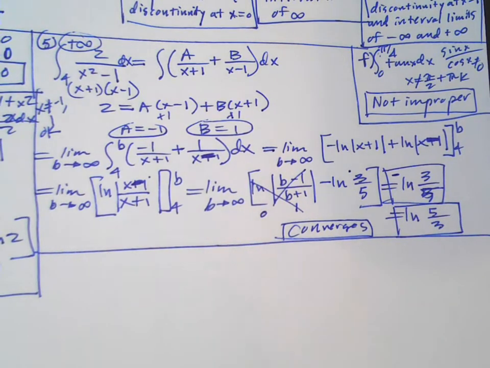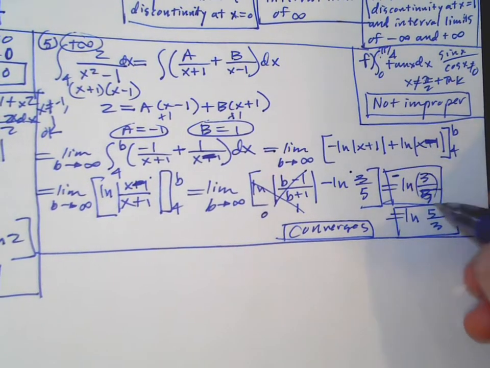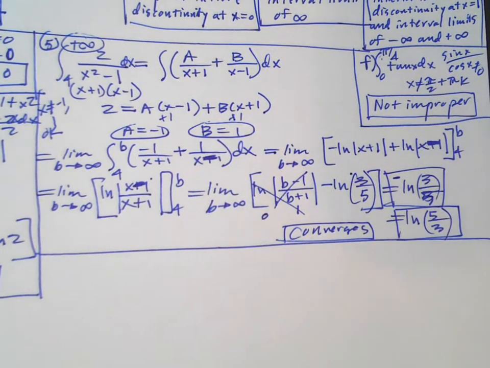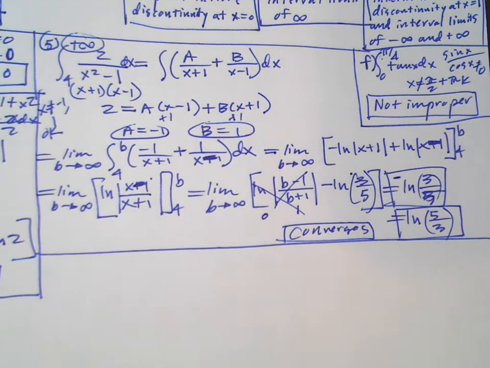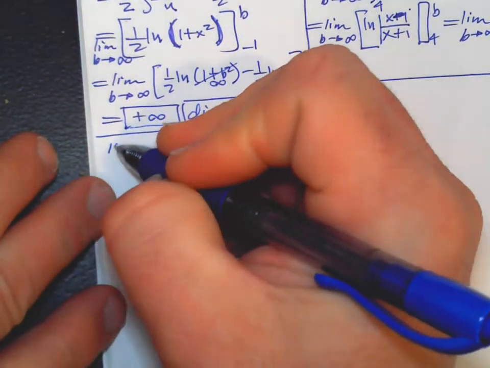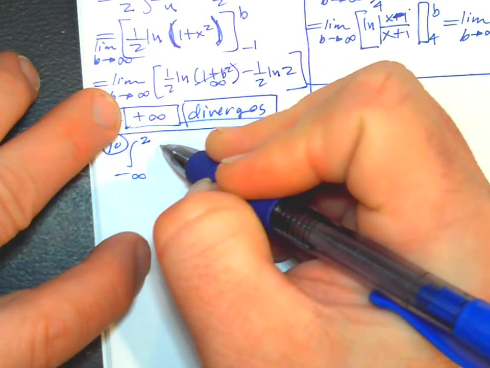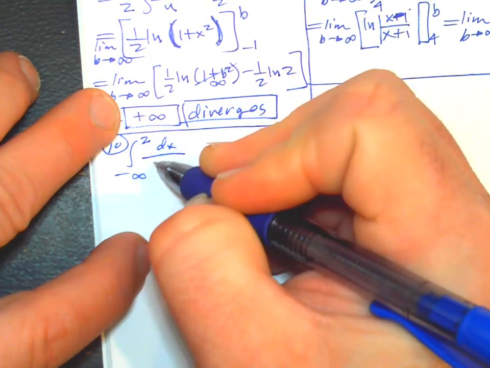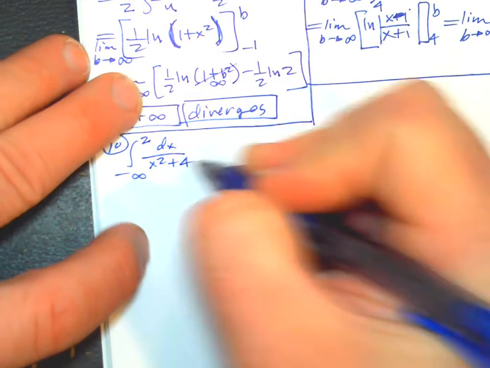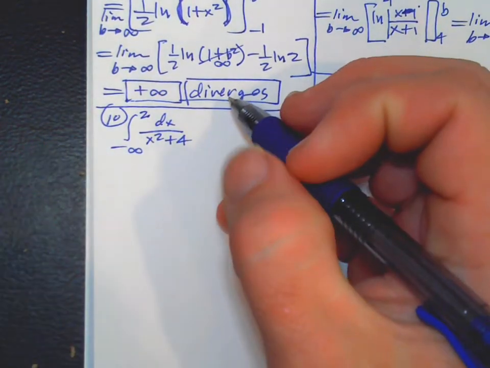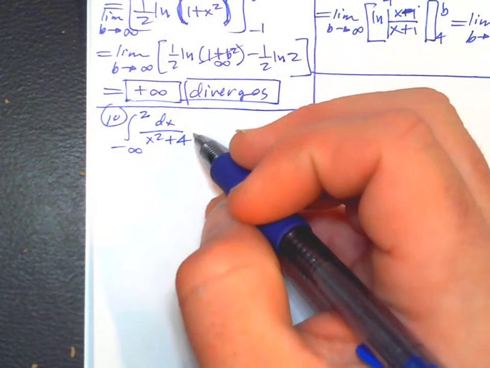So, all right. Let's see, number 10. Number 10, negative infinity to 2 dx over x squared plus 4. This is going to be inverse tangent.